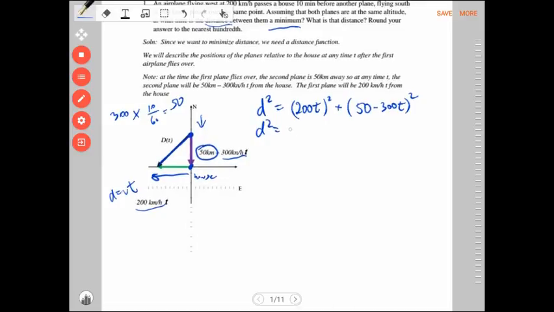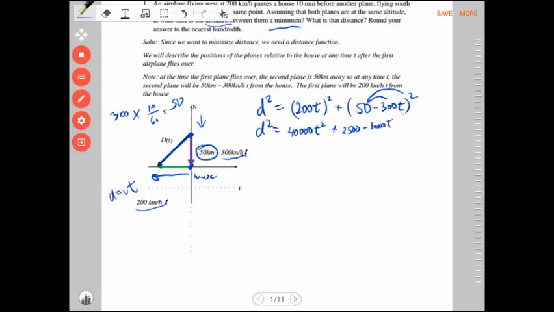So 200t squared is 40,000 t squared plus, well, 50 squared is 2,500. Remember the shortcut, 2 times that times that. So that is negative 30,000 t.